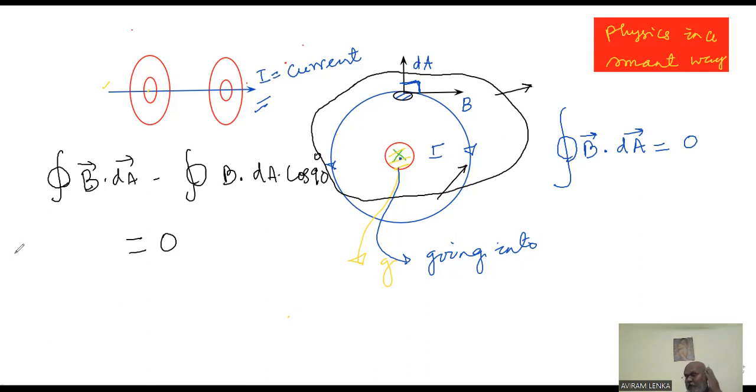Our basic aim, ladies and gentlemen, was to establish that a junior student of science, at class 12 level, or engineering, is able to realize the famous or formidable Maxwell equations, and that too without the help of physics, with the help of mathematics only.